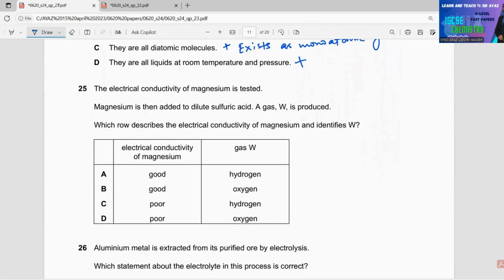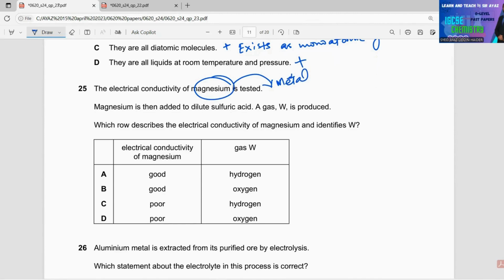25. The electrical conductivity of magnesium is tested. Magnesium is then added to dilute sulfuric acid. A gas W is produced. Which row describes the electrical conductivity of magnesium and identifies W? Magnesium is a metal, which means it's a good conductor of electricity.